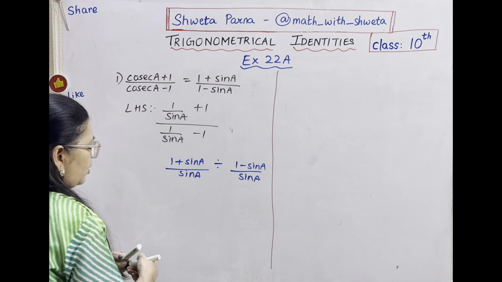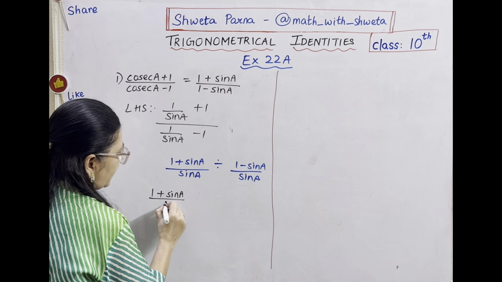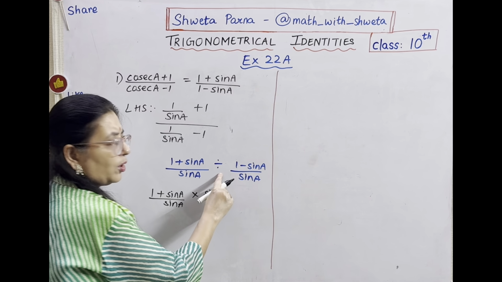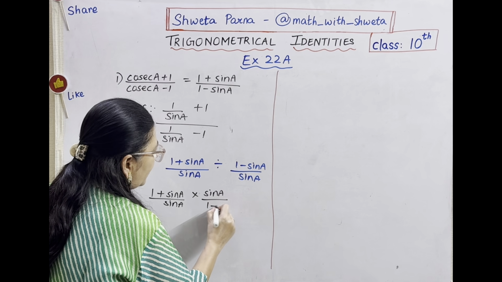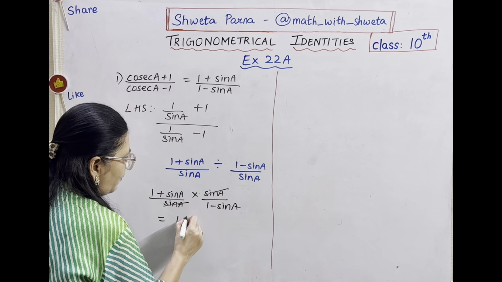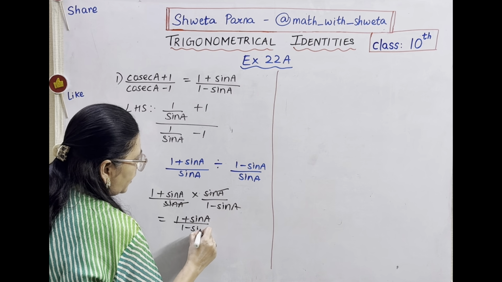So next step, 1 plus sin A upon sin A into sin A. You take the reciprocal when you are dividing, upon 1 minus sin A. This and this get cancelled. What is left? 1 plus sin A upon 1 minus sin A.